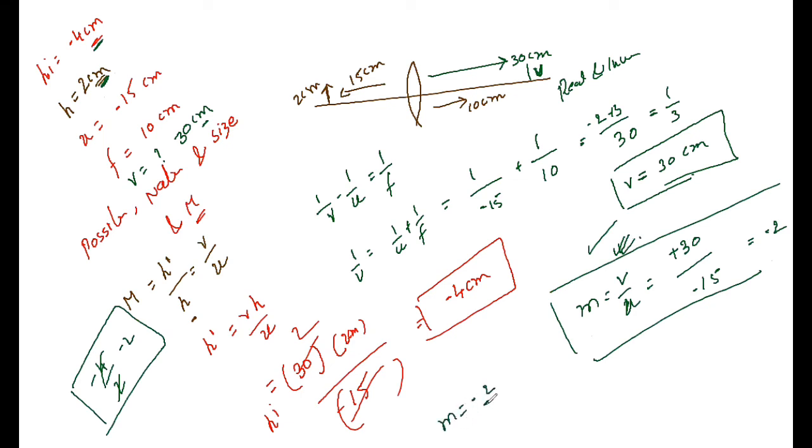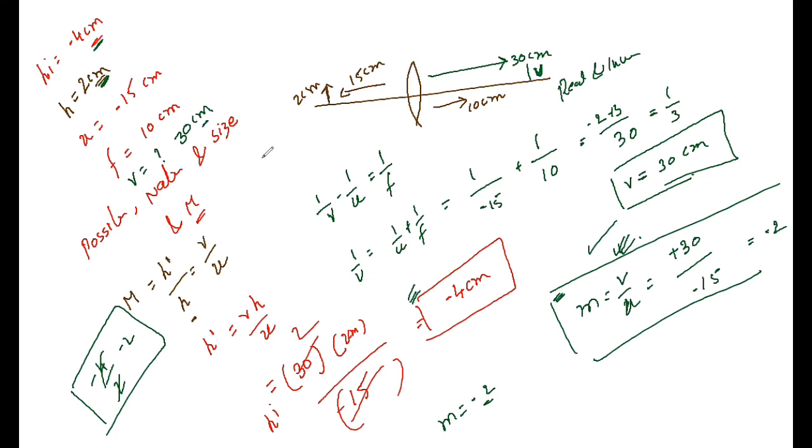The negative sign of the magnification and of the height shows that the image is inverted and real, and it is 4 centimeters tall, at a distance of 30 centimeters on the other side of the lens.